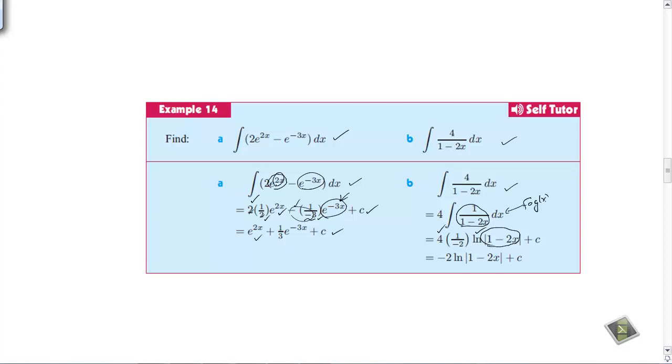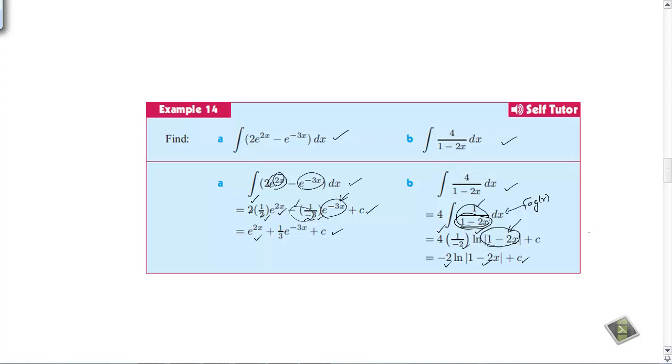I hope you're not caught in the fog. Small joke. But here, yes, you've operated the reciprocal function f on the linear function 1 take 2x. So now we have to divide by the derivative of this function here. There it is, -2, 1 over -2. Okay, so then 4 times negative a half is -2 ln mod 1 take 2x plus c.